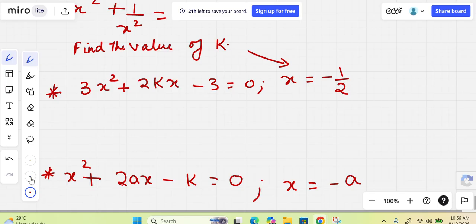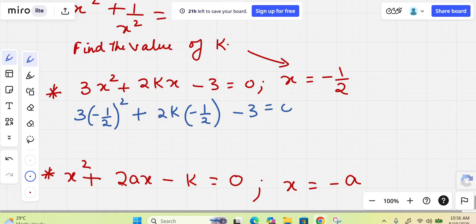Okay, so what you did is you substituted x with minus 1 by 2, and kids, in these kind of questions the most important part is your sign. If you are careful about sign, things get easy. Minus 1 by 2 into minus 1 by 2 is 1 by 4, and here minus into plus will become minus, so that is minus 2k by 2, so 2 and 2 will get cut. Minus 3 equal to 0.